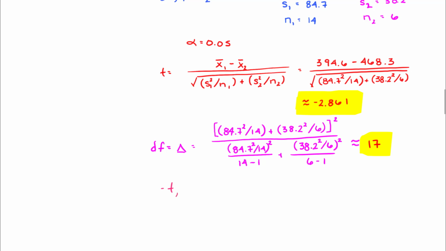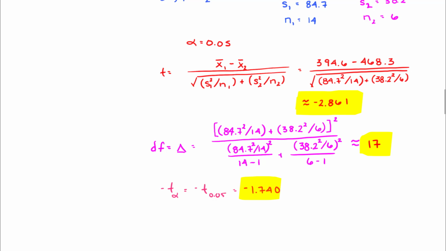So it's negative t sub 0.05. That's our value for alpha. When we find that on the table, we go down to 17 degrees of freedom under t sub 0.05, and we find that it is positive 1.74. But because it's a left-tailed test, we make that negative 1.740.